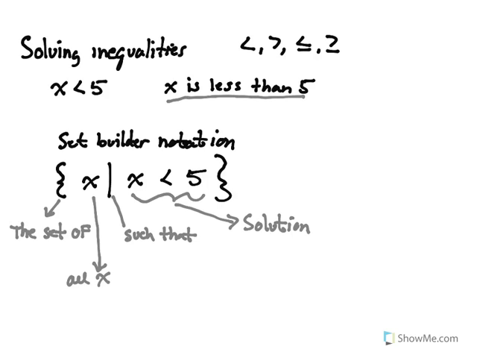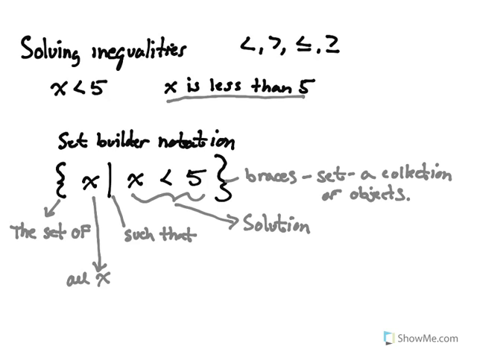Okay? So you can say the set, which is the braces. These are braces, and that indicates a set, and a set is a collection of objects, right? And the objects that we're referring to in this case would be numbers, solutions for x.